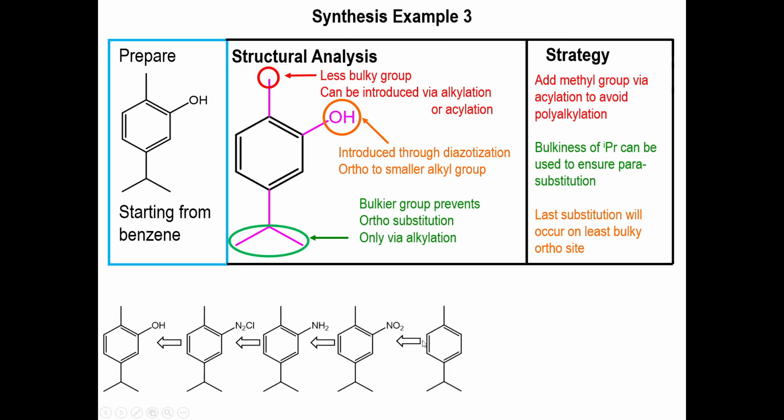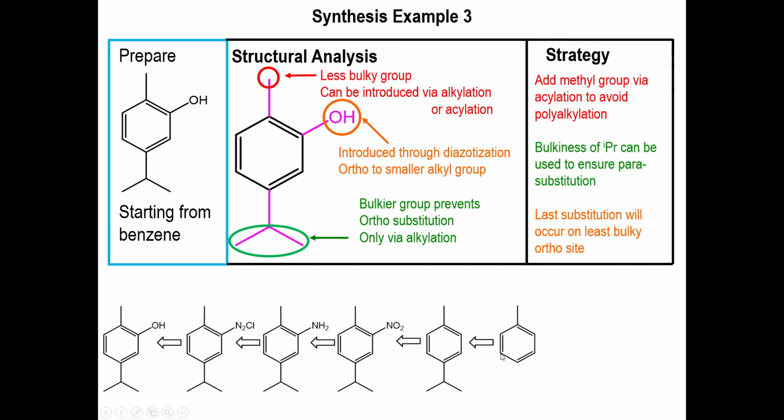And the nitro group can be installed from the isopropyl methyl derivative via nitration with nitric acid and sulfuric acid. And here we're basically allowing the activation to happen at the ortho position next to the methyl group because it's the one that has the least steric bulk associated with it.